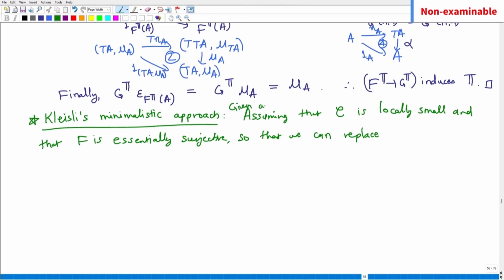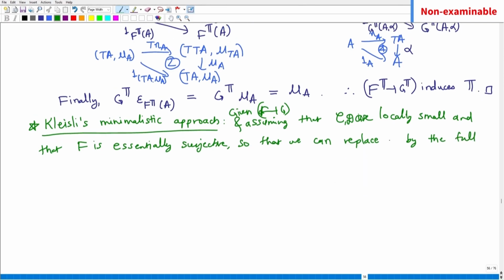Given an adjunction, and assuming that C and D are locally small and F is essentially surjective, so that we can replace D by the full subcategory consisting of objects of the form Fa.